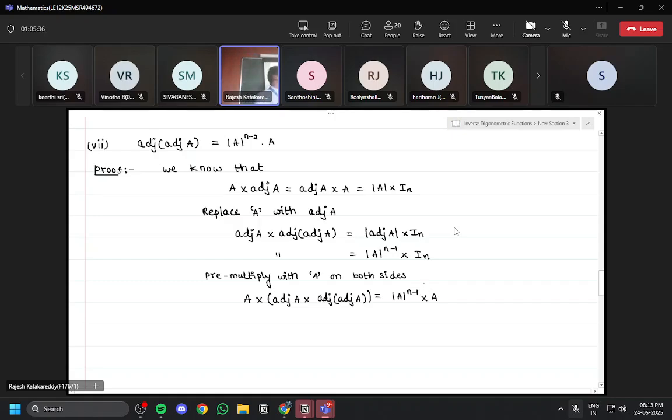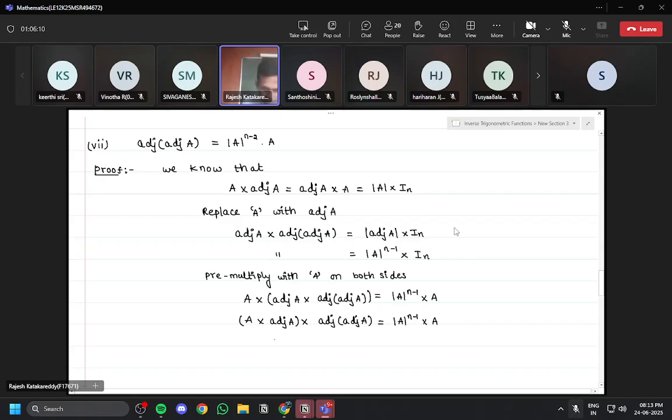Right? Using the associative nature of matrix multiplication, A into adjoint of A into adjoint of A is equal to determinant of A to the power n minus 1 into matrix E. So what is this? Determinant of A into identity matrix. You multiply identity, you will get the same only.